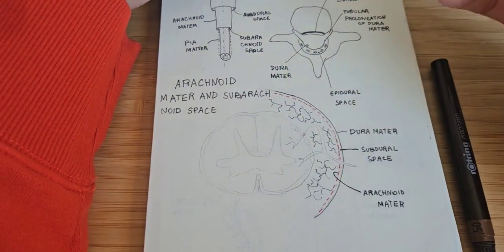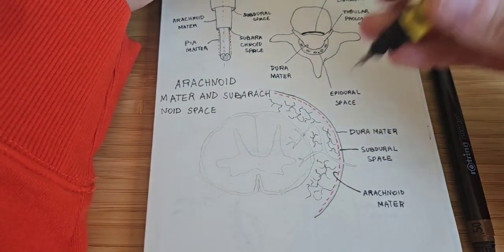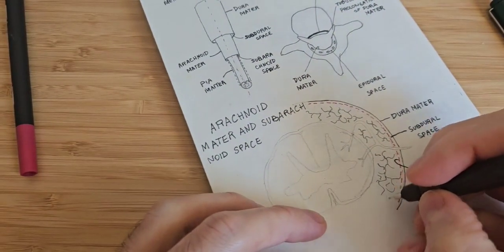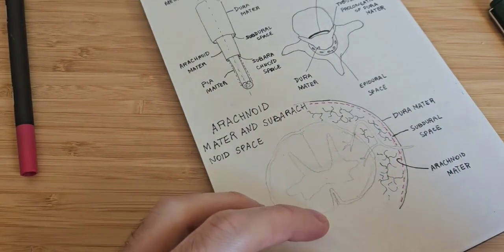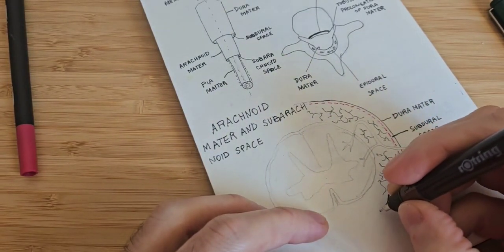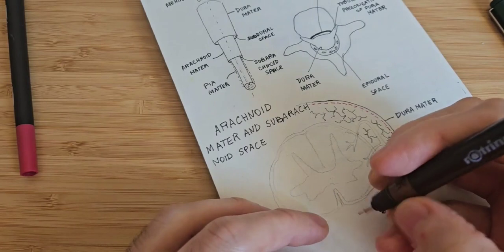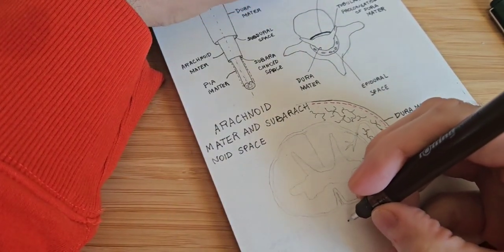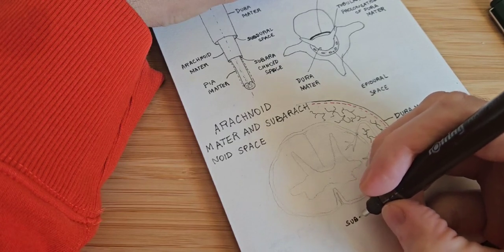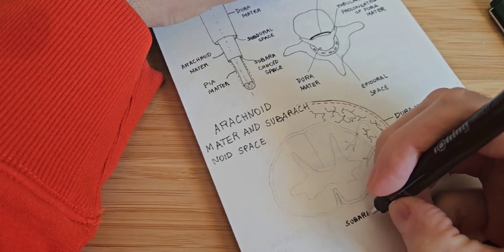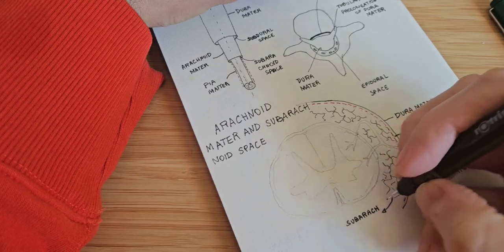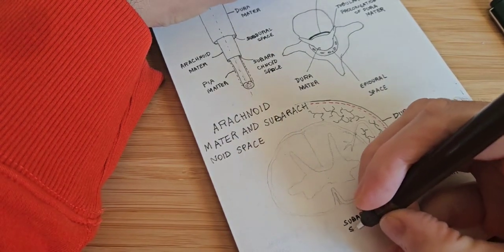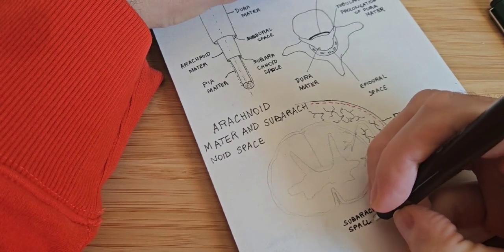Now, about the structure here, I'm going to write that this one is the subarachnoid space. Subarachnoid space.